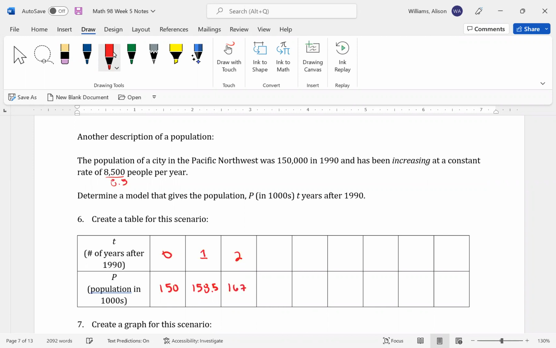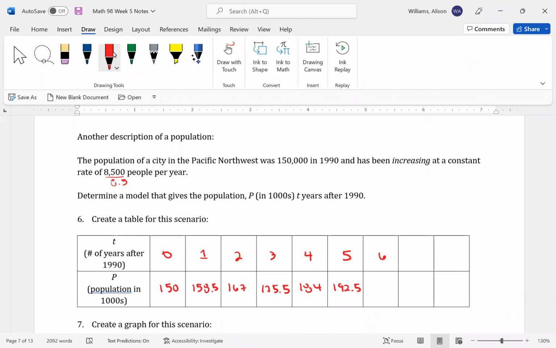I don't know why I'm not trusting myself, but I'm not. Okay. And then add 8.5 again. It's going to be 175.5. And then that's going to be 184. Add 8.5, 192.5.